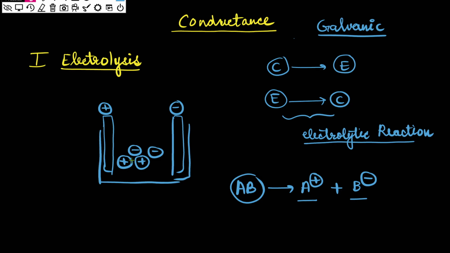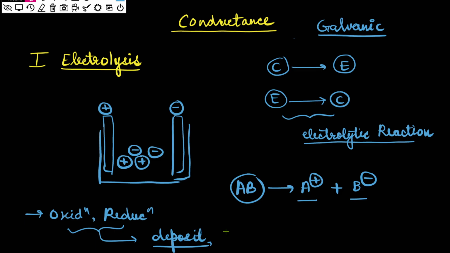Now, as soon as these ions move to their respective poles, they will undergo certain chemical reactions. Either they will undergo oxidation reactions or they will undergo reduction reactions. Because of these oxidation and reduction reactions, either these chemicals will deposit at their respective electrode, or they will be released into the solution from their respective electrode, or they may also be liberated as a gas. So these are certain properties of the electrolytes in solution.